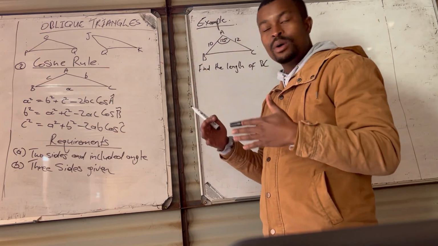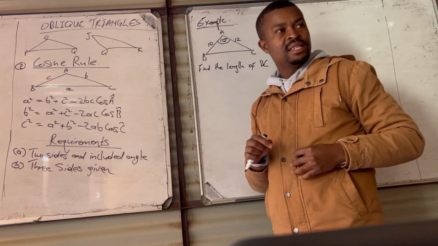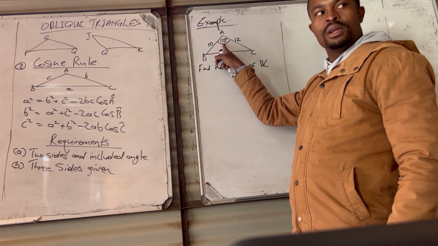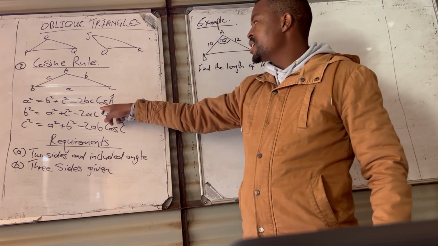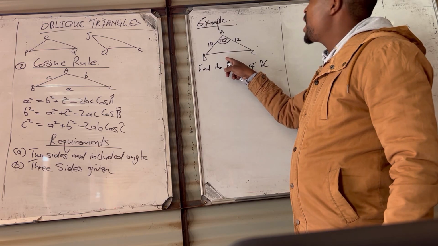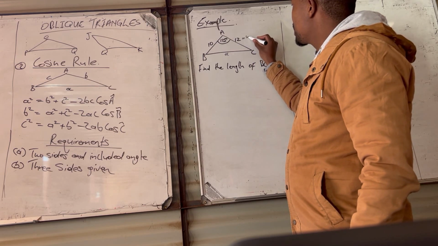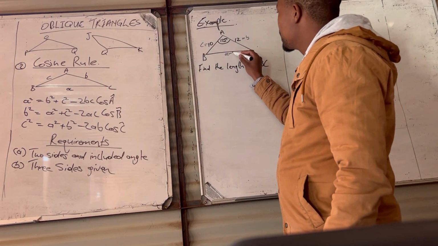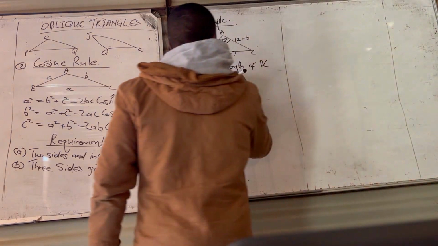The angle is A, so the side we want is a. So we know it is the cosine rule.